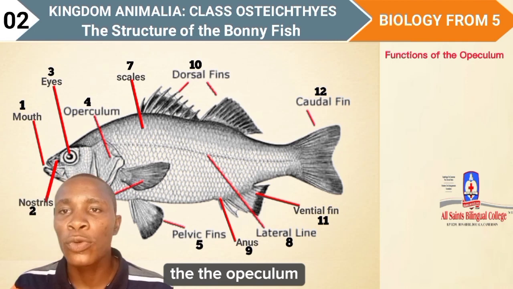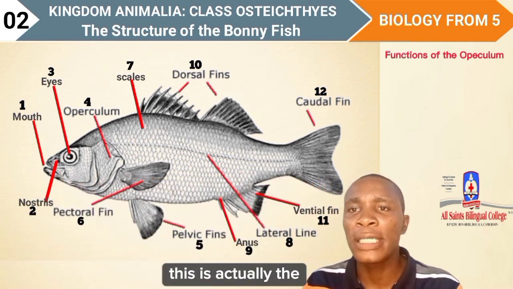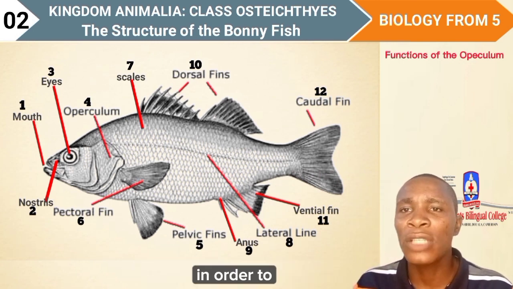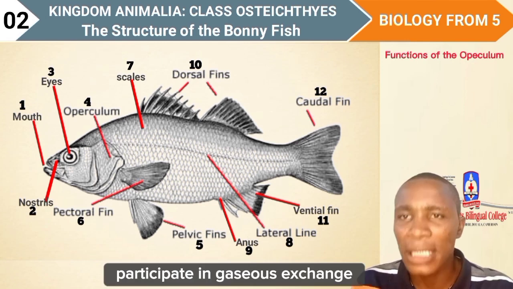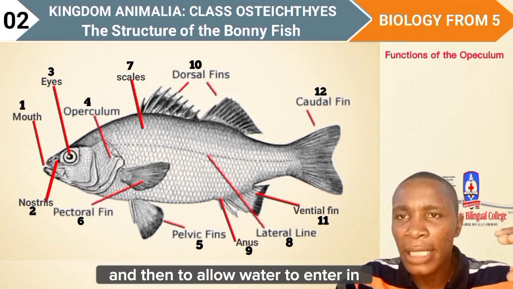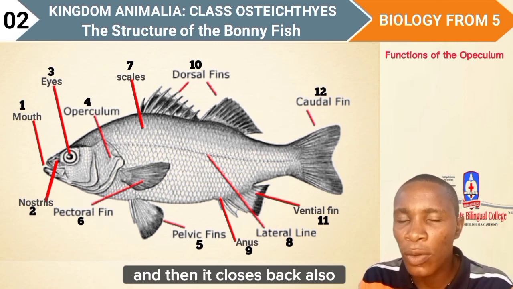The operculum opens and covers. This is actually the work of the bony fish in order to participate in gaseous exchange. So it opens up to allow water to enter in, and then it closes back also.